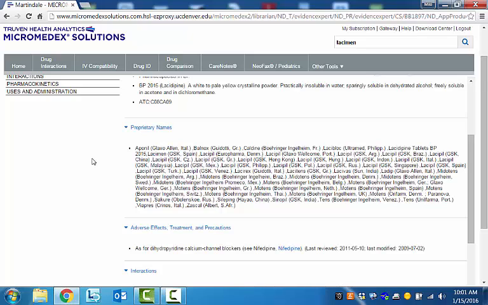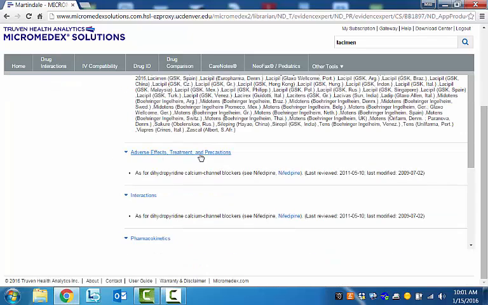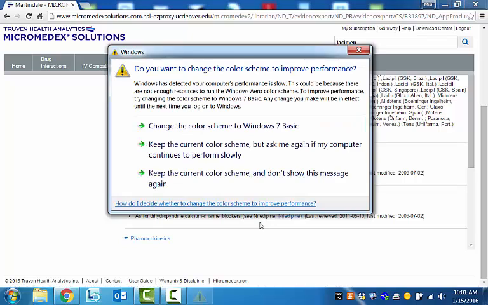And then adverse events, I'm just thumbing through to see what it is. Oh, it's a dihydropyridine calcium channel blocker like nifedipine. So I know that in the United States we do not have lacidipine, but we do have nifedipine.